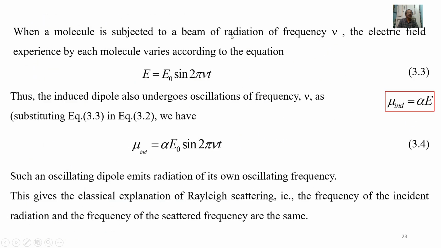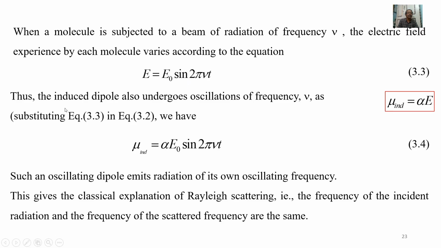When a molecule is subject to a beam of radiation of frequency nu, the electric field experienced by each molecule varies according to the equation E equals E naught sine 2 pi nu t, where nu is the incident frequency, E is the electric field, and E naught is the amplitude.